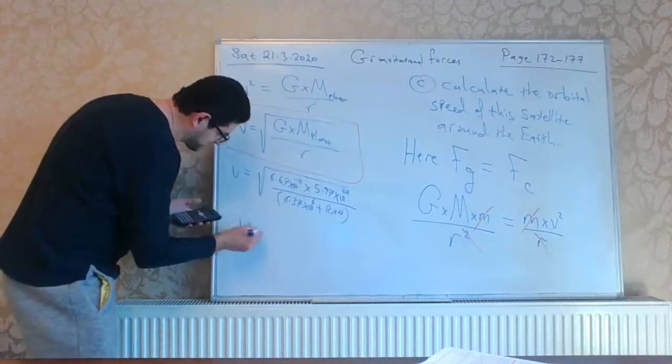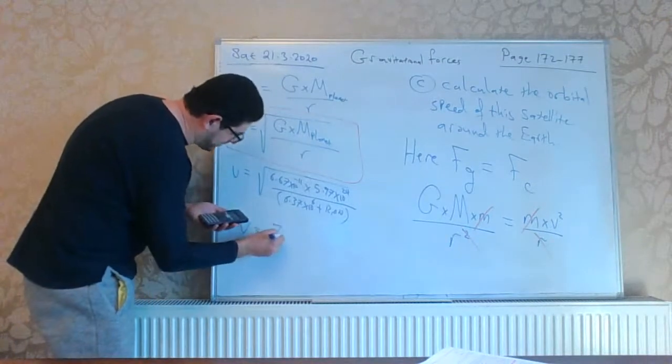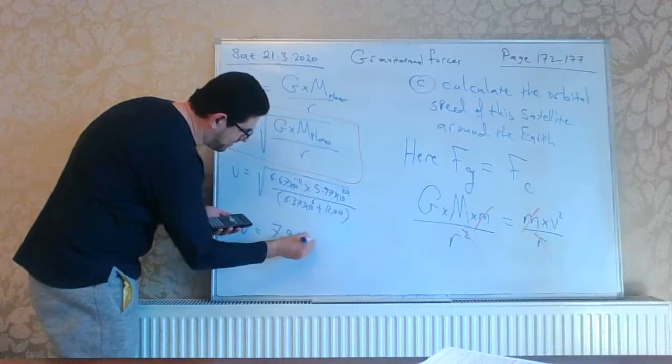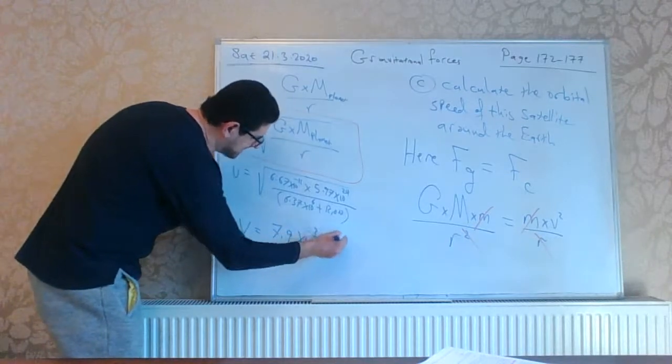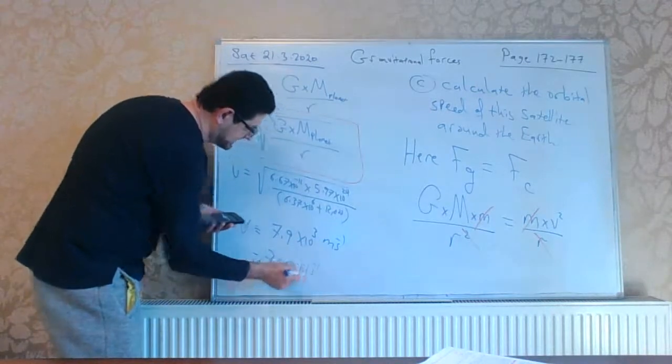If you got your calculator out, it should tell you 7.9 times 10 to the power of 3 meters per second, or 7.9 kilometers per second. Is it true?